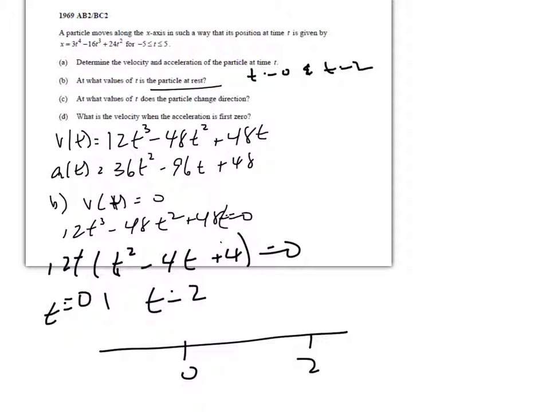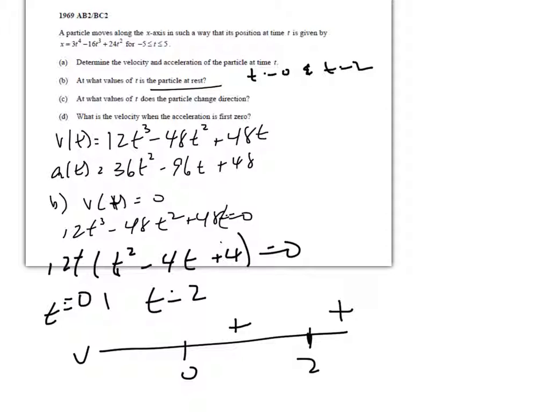Does the particle change direction? Well, we're going to use our number line to determine that. So we're going to plug in values between 0 and 2. So we'll take 1, plug it into v. That's positive. Take 3, that stays positive: positive, positive, negative, positive, it's still positive.